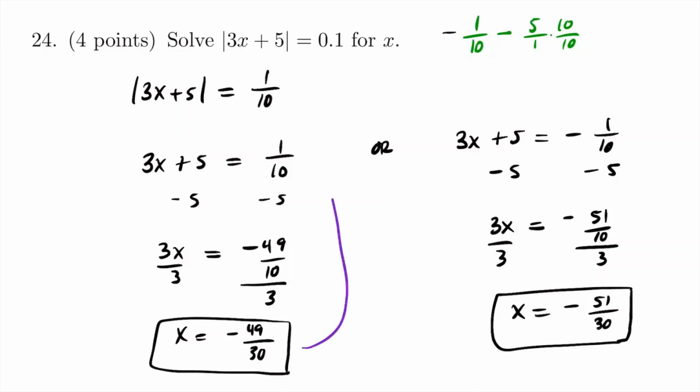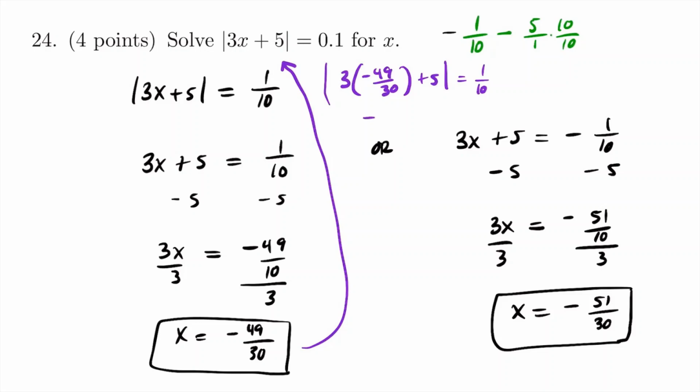So plug this into the original and see if it makes sense. So when I plug in negative 49 over 30 into this expression, I get 3 times negative 49 over 30 plus 5. So let's see if that is equal to 1 over 10. So 3 and 30, that simplifies.